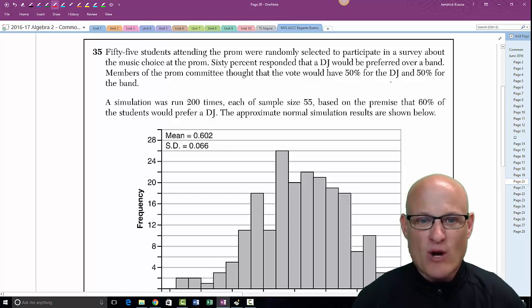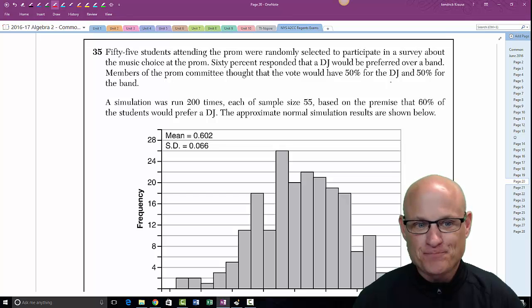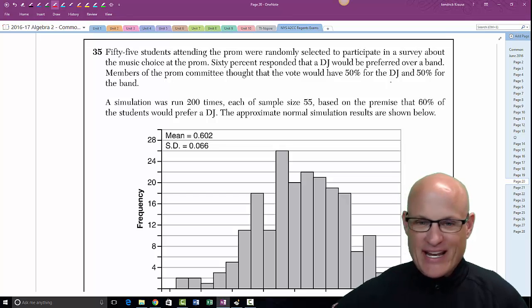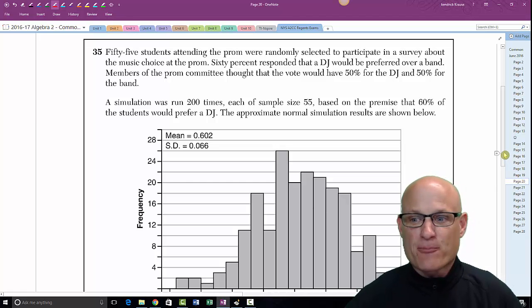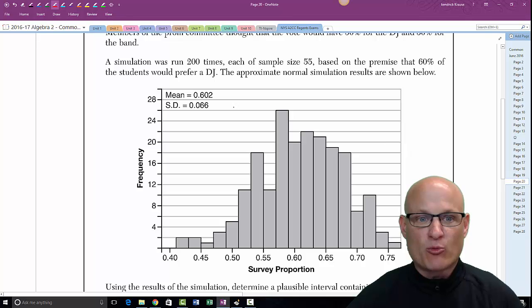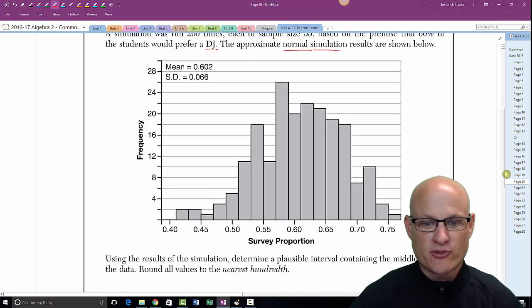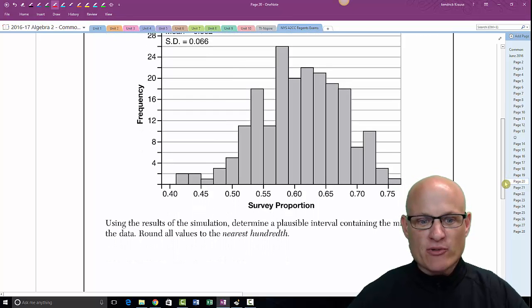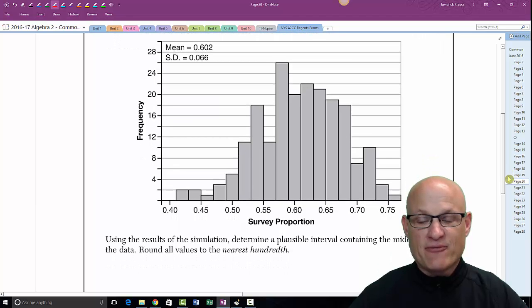We're running the trials 200 times with a sample size of 55, and this is what we got. If we run a sample size of 55 based on the premise that 60% would prefer a DJ, here's what we got for this approximately normal simulation. Using the results of the simulation, determine a plausible interval for the middle 95%.